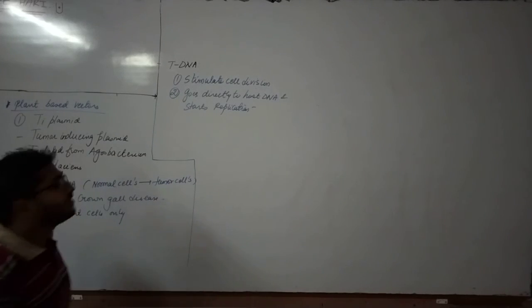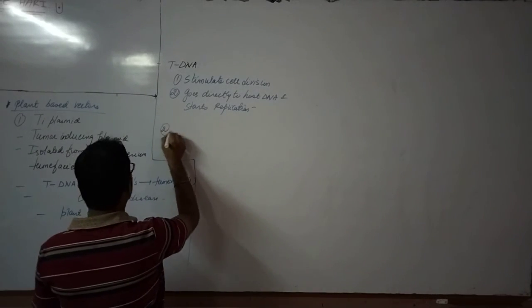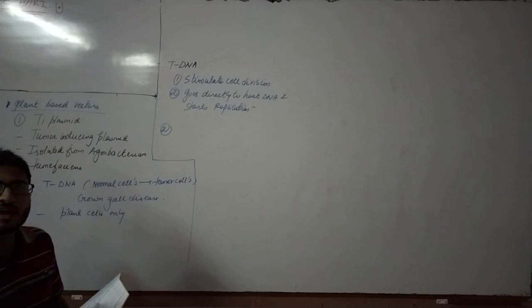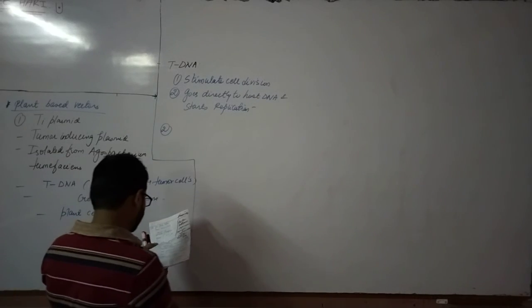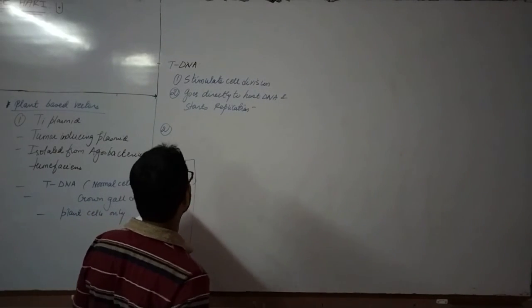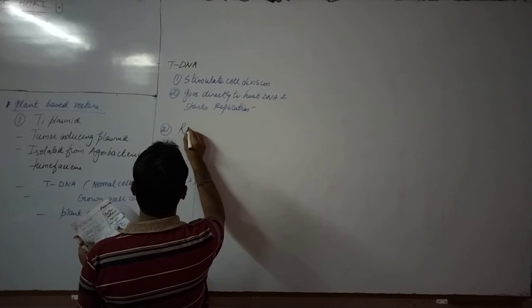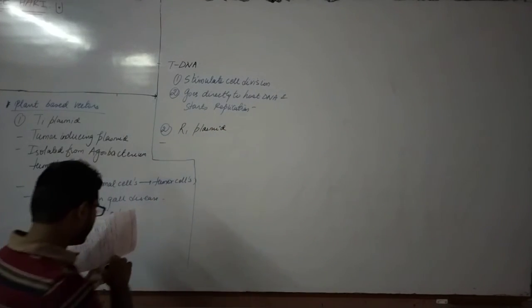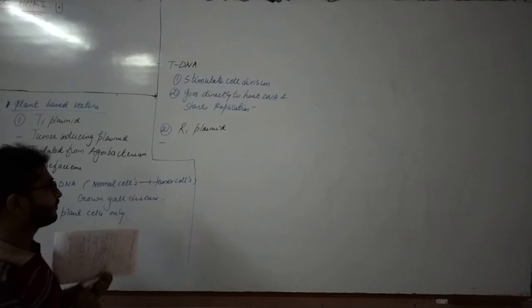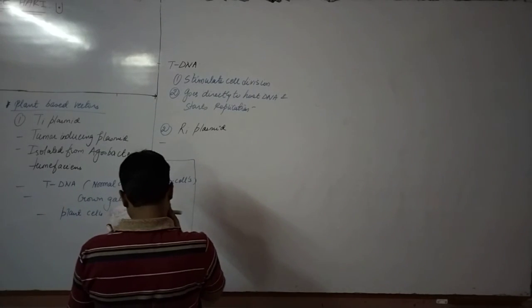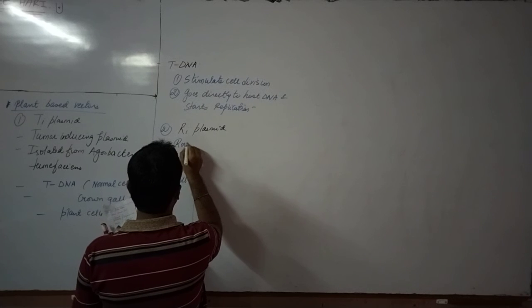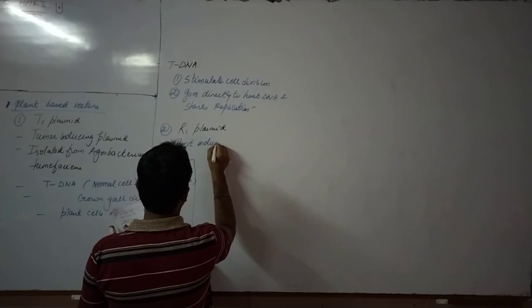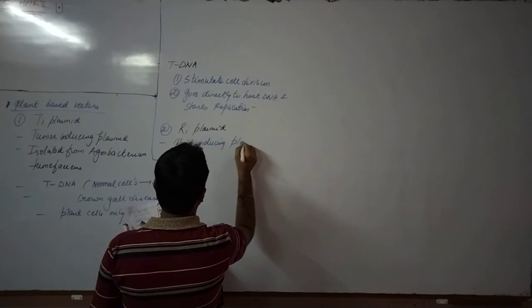Right? Then the second example is the Ri plasmid, root inducing plasmid, from Agrobacterium rhizogenes.